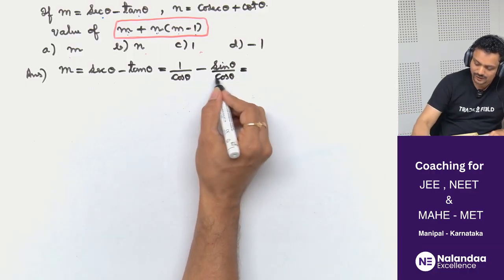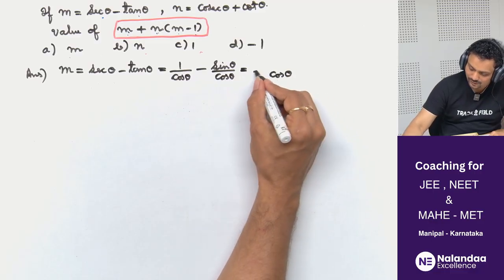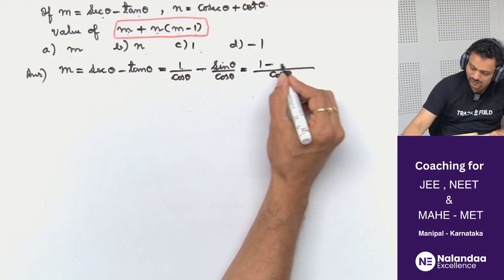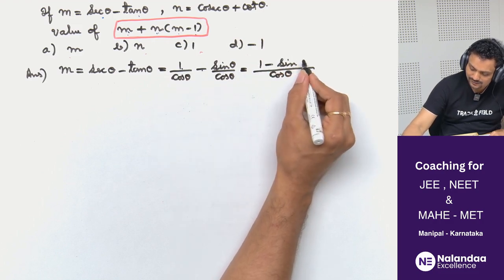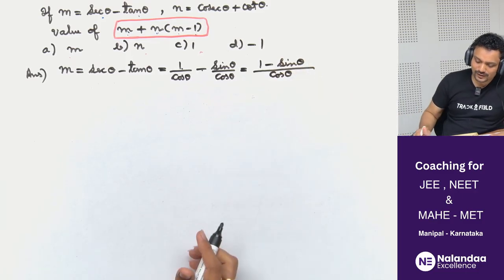Since the denominator is common, you can write it as a single denominator cos theta and just subtract this as it is. So 1 minus sin theta. I can't simplify it further, so I'll leave it there only.